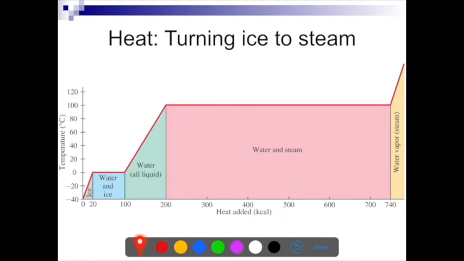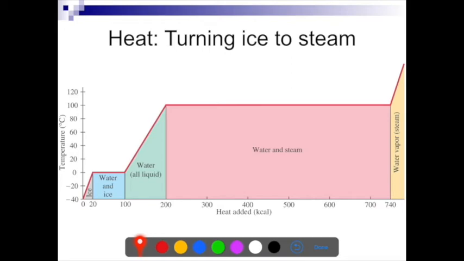So that means you have ice that is initially at negative 40 degrees Celsius. And then you heat up the ice. Heat is added to ice so that it is heated up. And this graph tells us how the temperature of ice changes as heat is added.